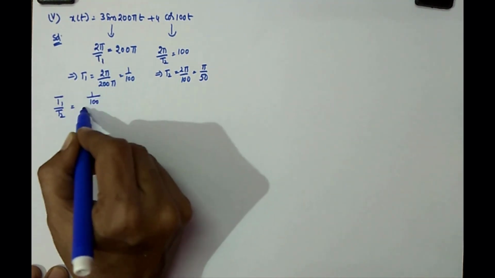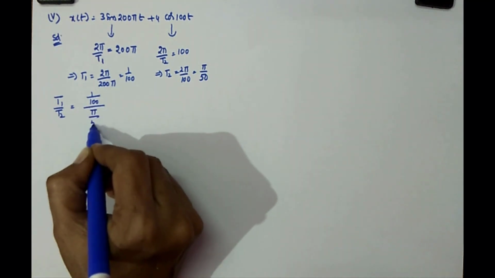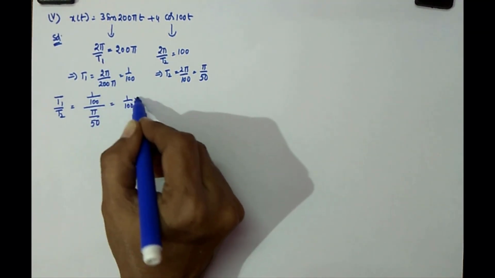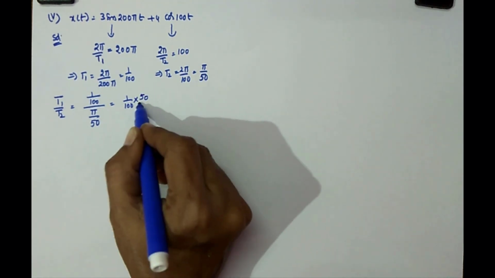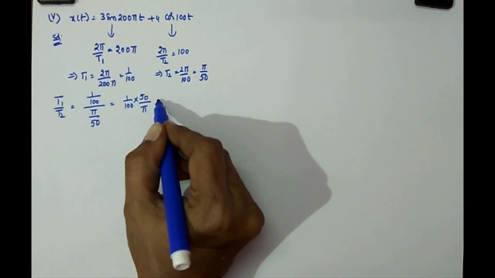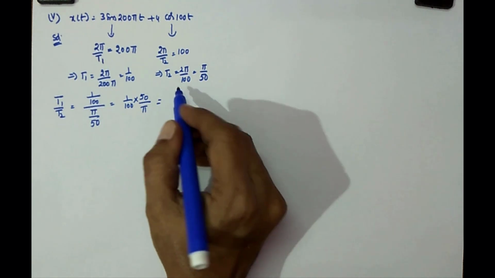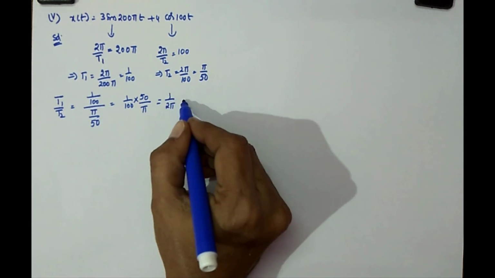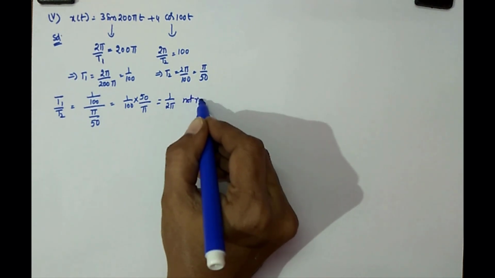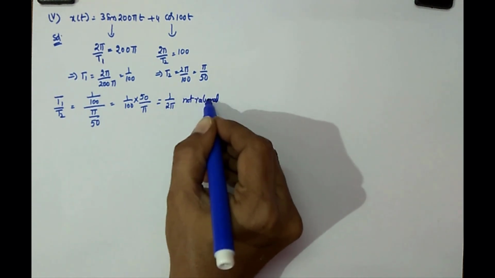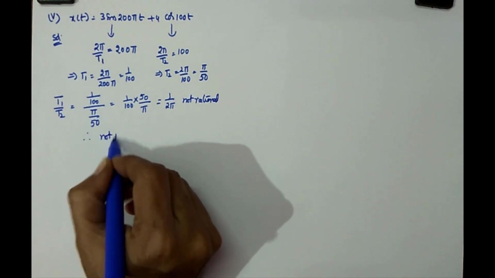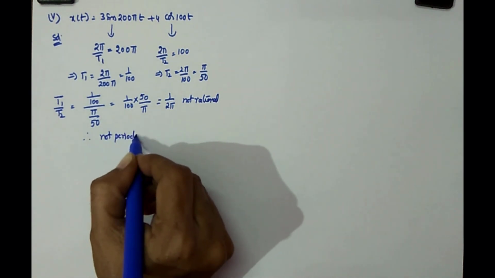T1 is 1 by 100 by T2 pi by 50. So 1 by 100 into 50 by pi. The answer is 1 by 2 pi. Is it rational? No, it is not rational. Therefore, the signal is not periodic.